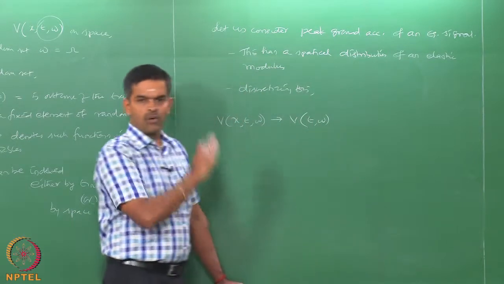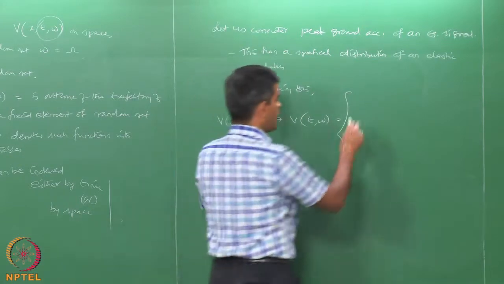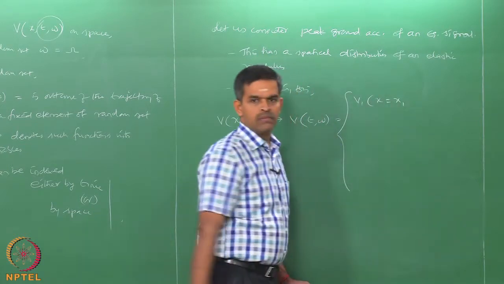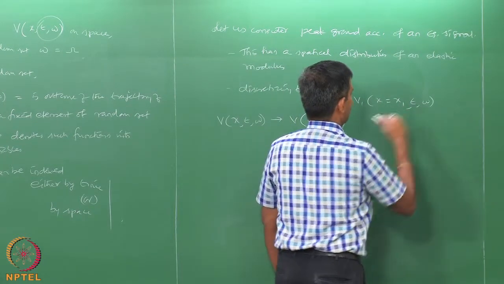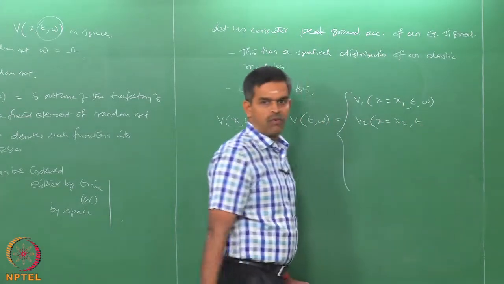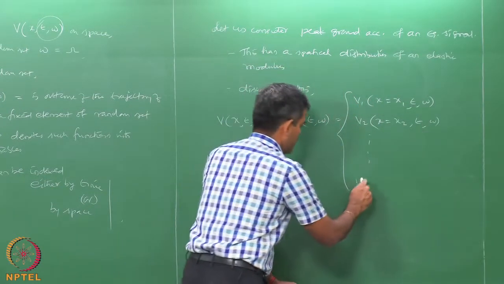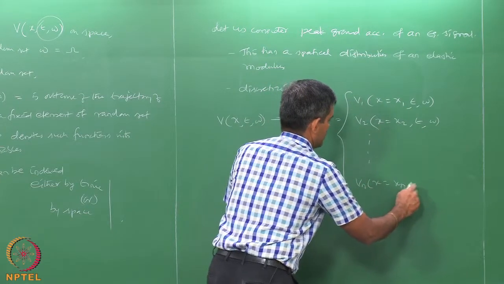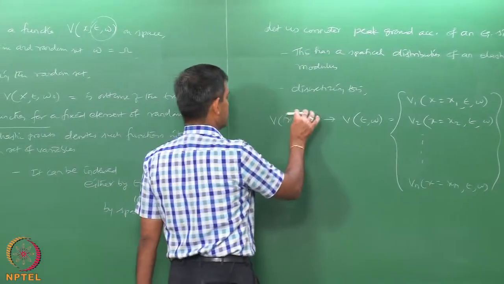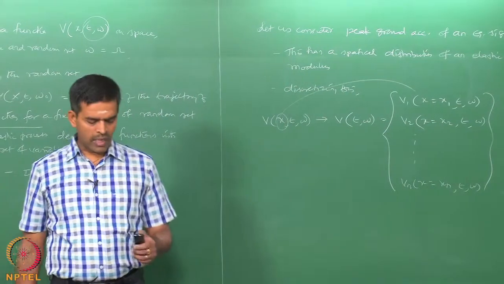The spatial distribution is now compromised as V1 where x equals x1 and of course, the variables are t and omega, V2 where x equals x2 and of course, the variables are still t and omega and so on. Let us say Vn where x equals xn, t, omega. So, the spatial distribution is compromised in this format to use it in the stochastic process.